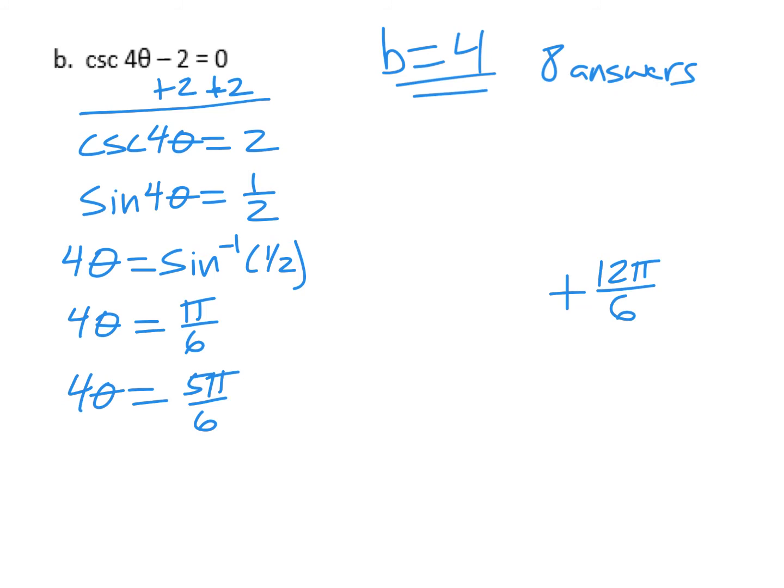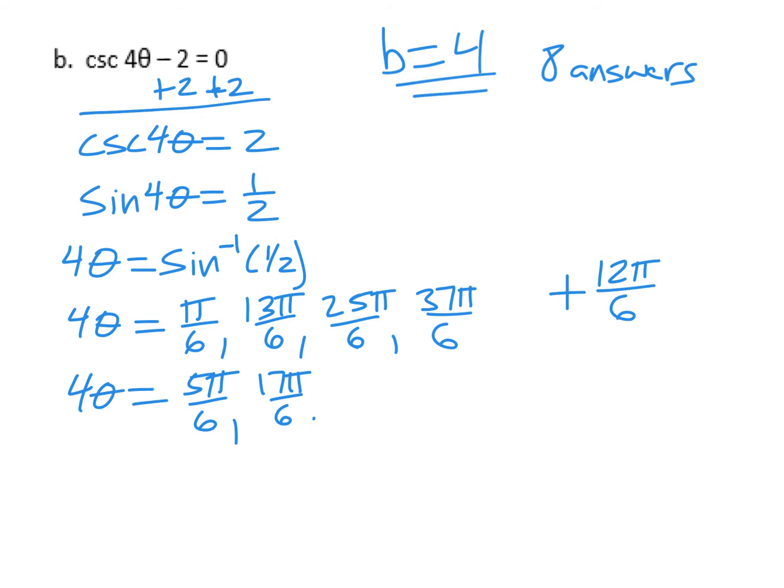For each one of these, I want to get 4 answers. 13 pi over 6, 25 pi over 6, 37 pi over 6, and I stop because I've got my 4. 17 pi over 6, 29 pi over 6, 41 pi over 6, right?